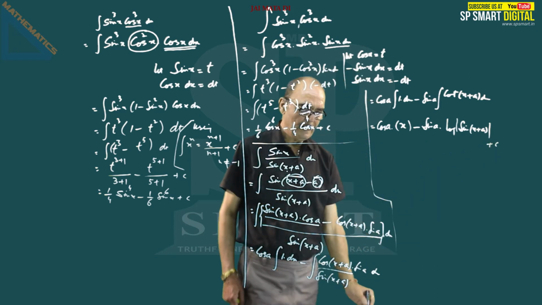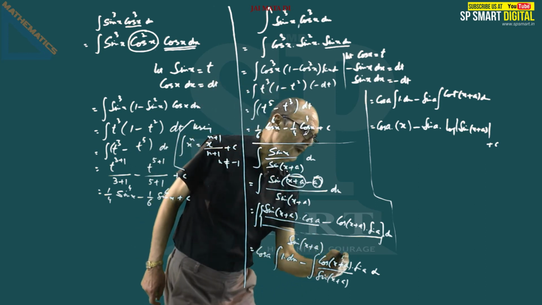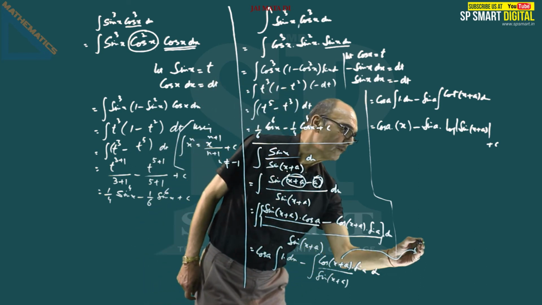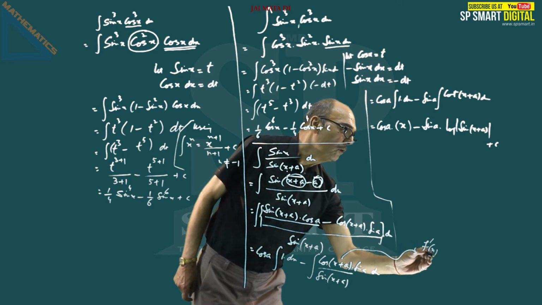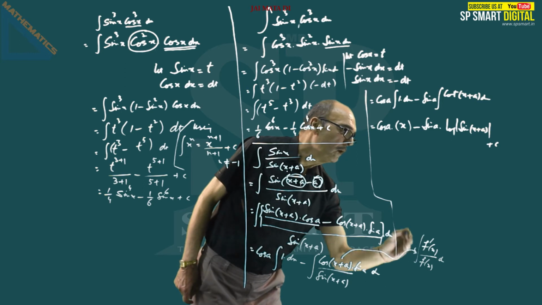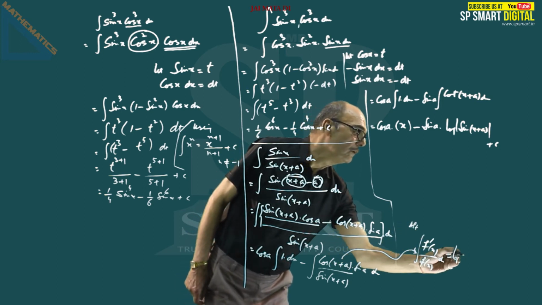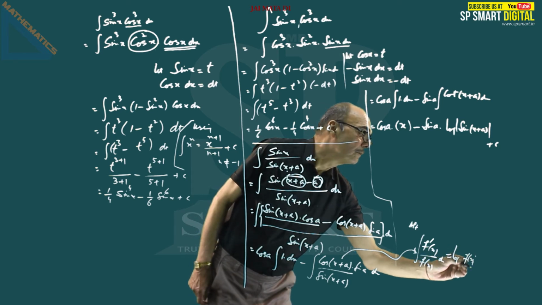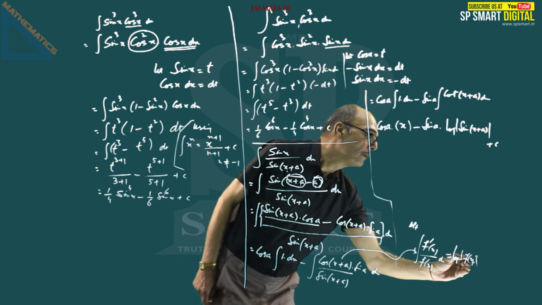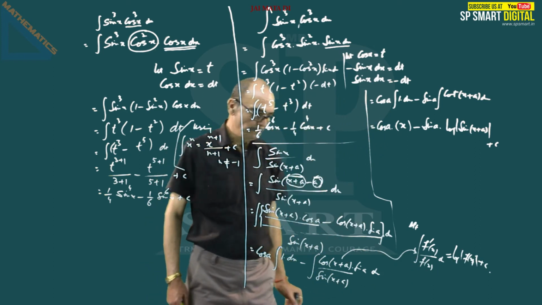Otherwise, at this stage we could use the formula f dash x upon f of x dx, alternatively, which is log of f of x plus c, because the derivative of sine is cos.